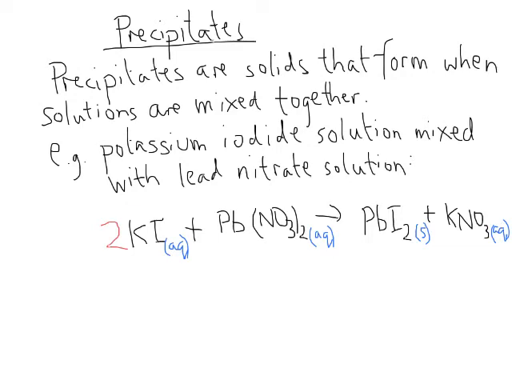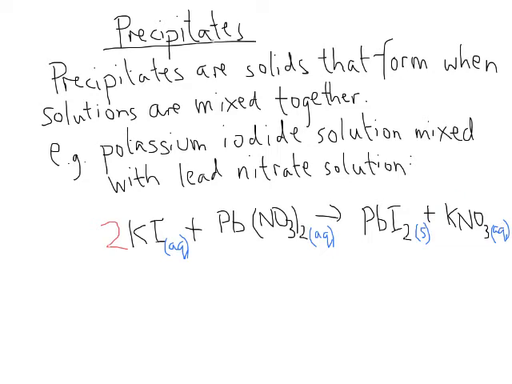So now I've got two iodines here and two there. Now with my potassiums, I've got two potassiums now, but I've only got one over there. So I can solve the problem by saying that when I produce my lead iodide, I'm going to produce as well two potassium nitrate molecules.